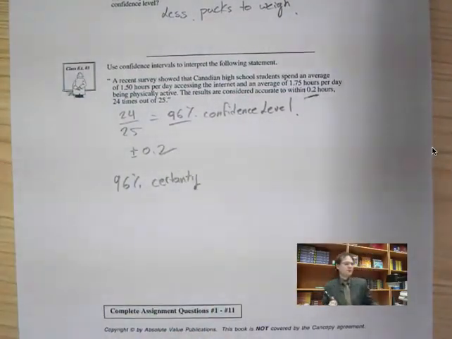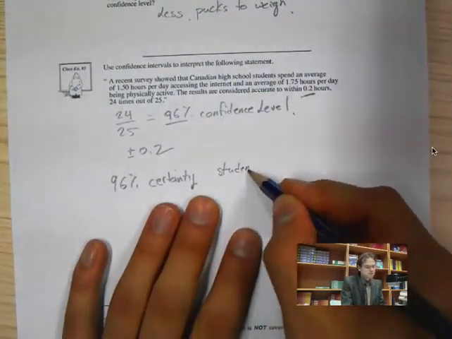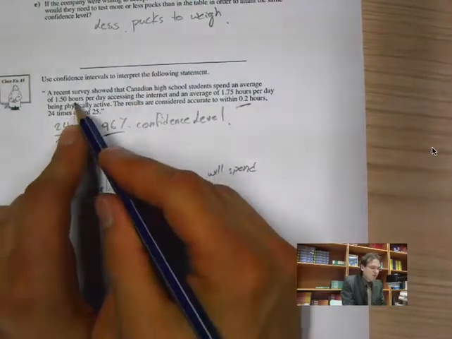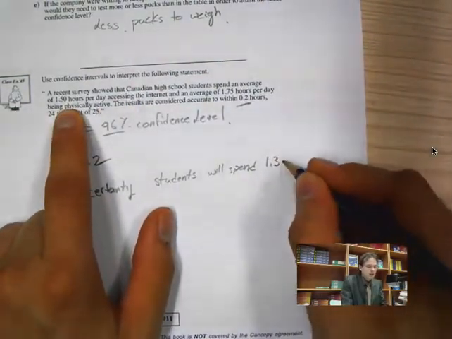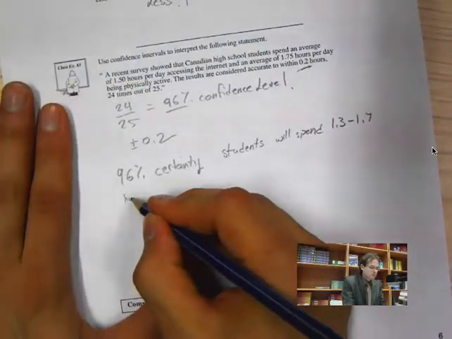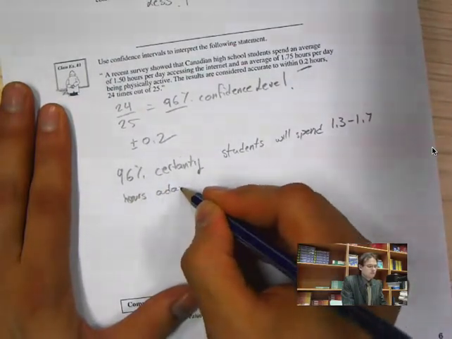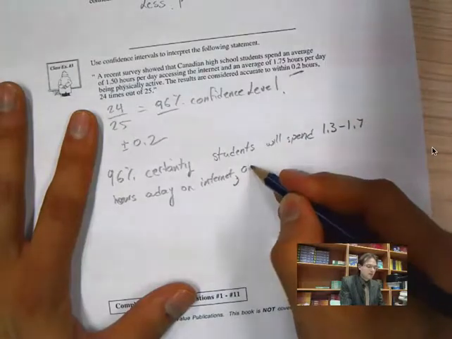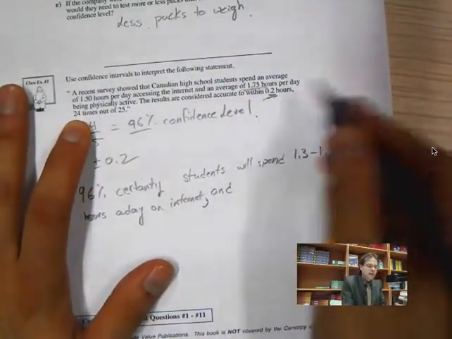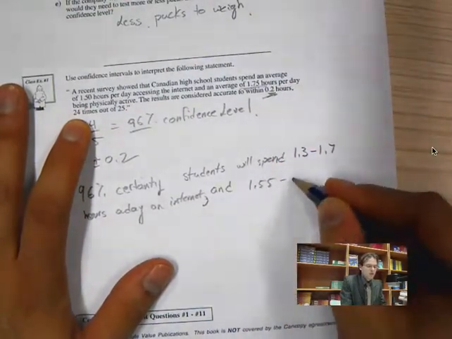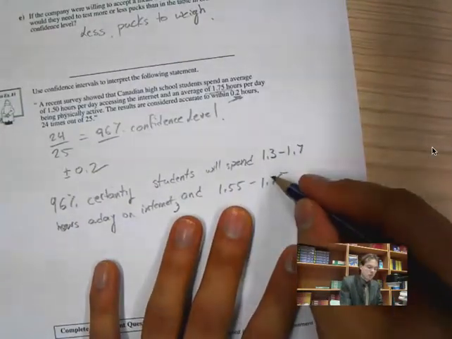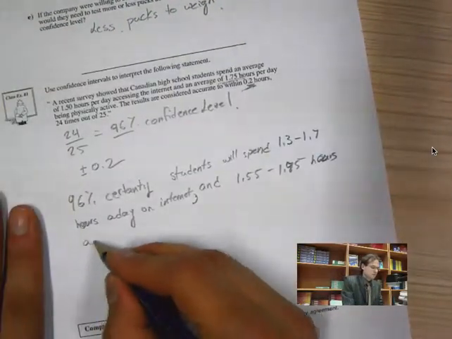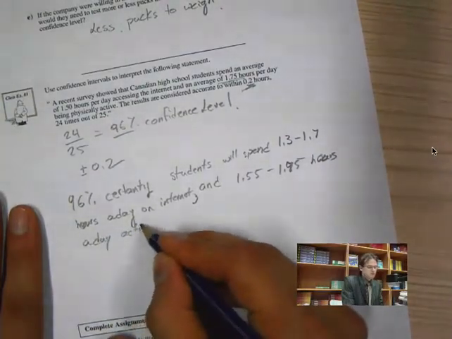So we could say with 96% certainty that students will spend 1.5 hours on the computer plus or minus 0.2, so 1.3 to 1.7 hours a day on internet, and they will spend, well, 1.75 physically fit, so we have to add and subtract 0.2, so 1.55 to 1.95 hours a day doing physical activity.